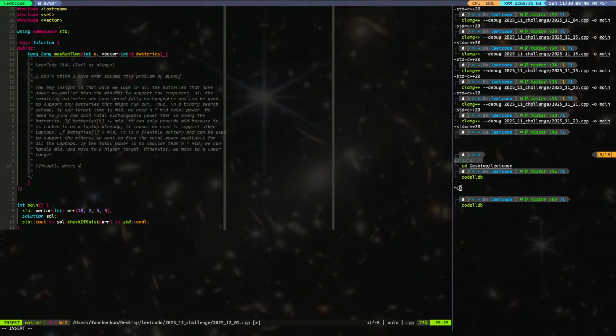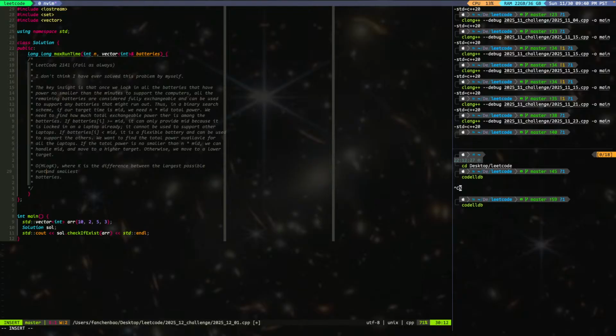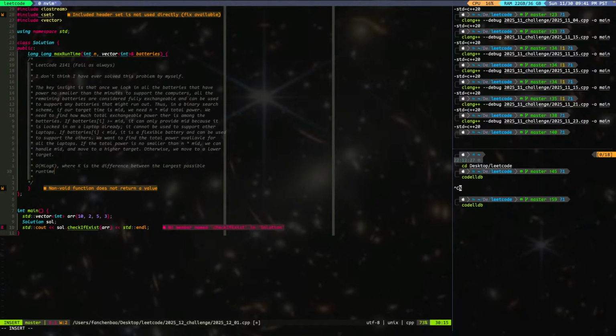Where K is the difference between the largest and smallest batteries. The largest possible runtime... no, it just is the largest.